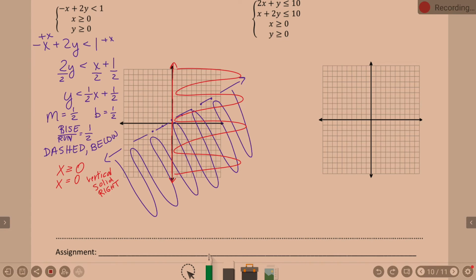And every other time it's above or below. So where are numbers greater than or equal to 0 in respect to X? So greater than is going to be to the right. So a solid line shading to the right. Yeah, I'm regretting shading here. I should have held off on the shading on this one.